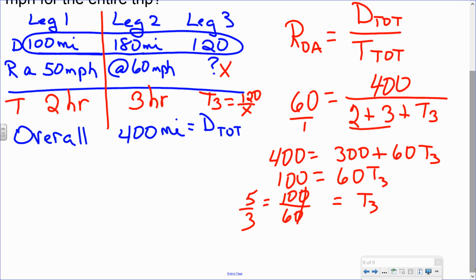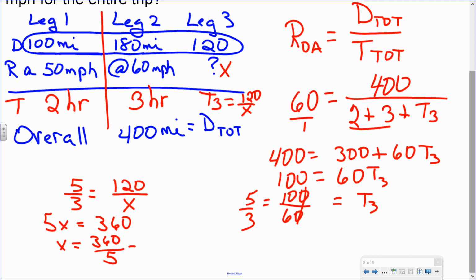So now I know that 5/3 equals 120 over x. So I know 5x is 360. So what's 360 divided by 5? Somebody help me out. What do we get? 72, and these were miles per hour.